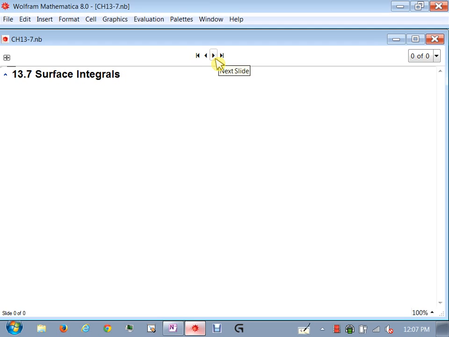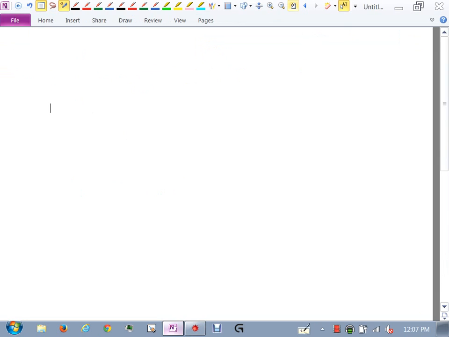We've integrated over curves, right? If you go back to Cal 2, when we integrated, we were integrating with respect to x, so we could look at this as having integrated over that little interval.